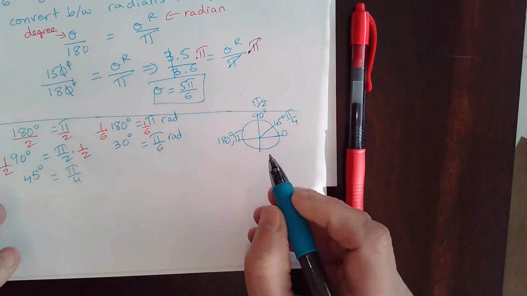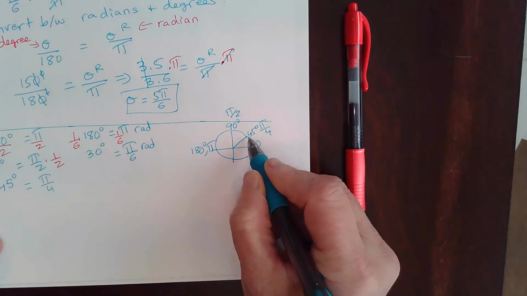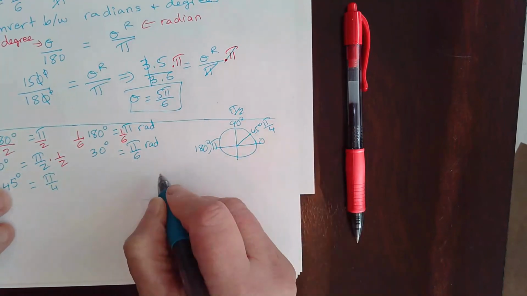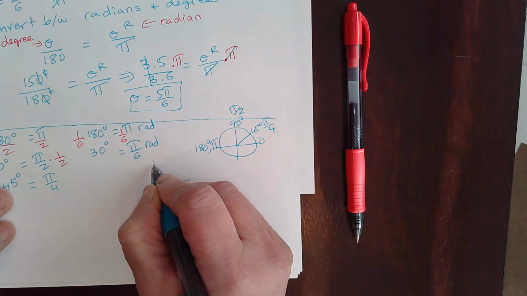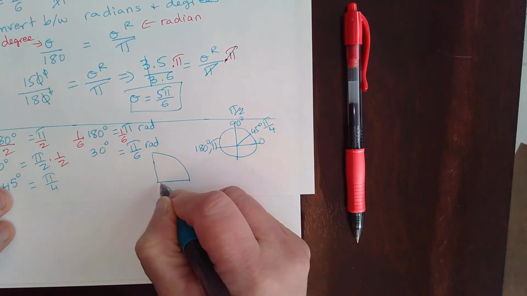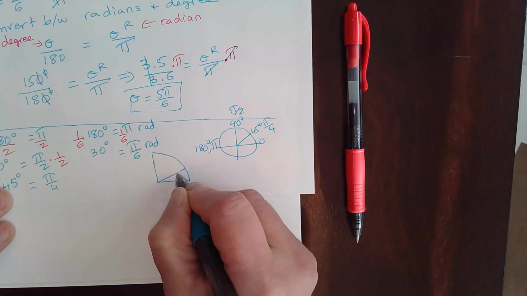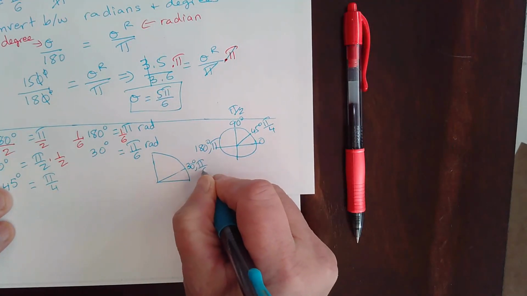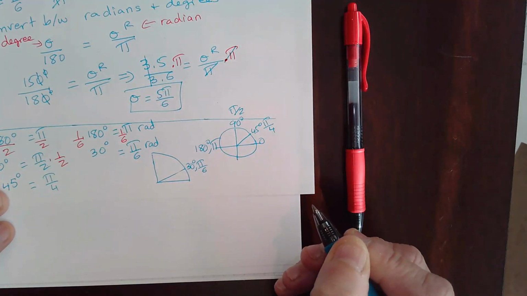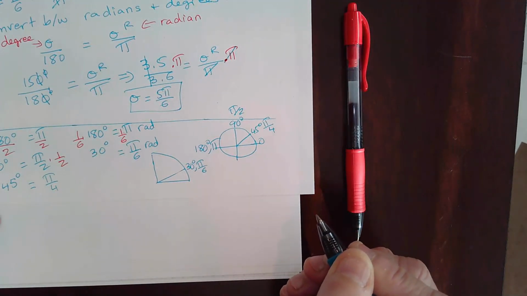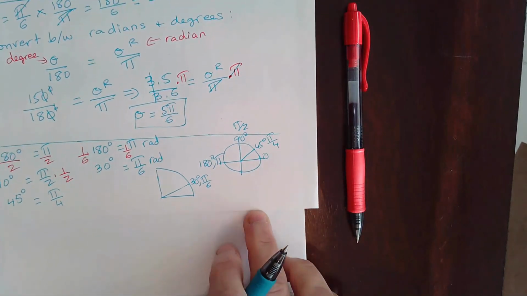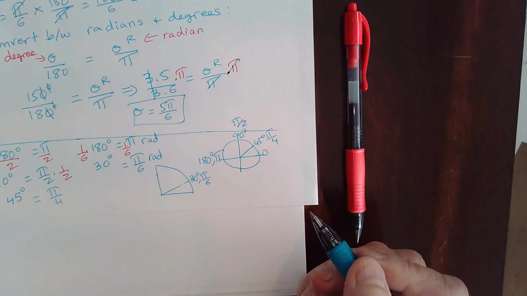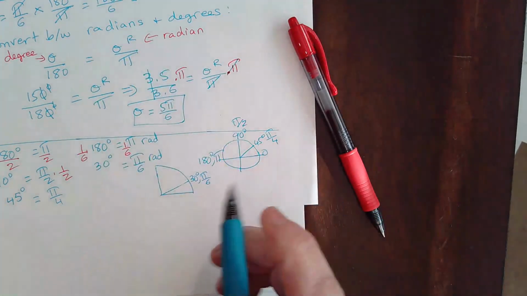So the 30 degrees, which is a third of the first quadrant, if I go ahead and graph it separately here, here's 30 degrees, a third of the quadrant, and that is pi over 6. Okay, and that's how we get this one. Now we have 45. If we want to choose 60, we already found it. It's pi over 3 over here.